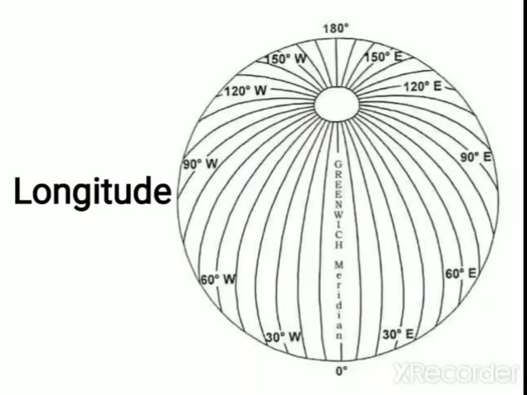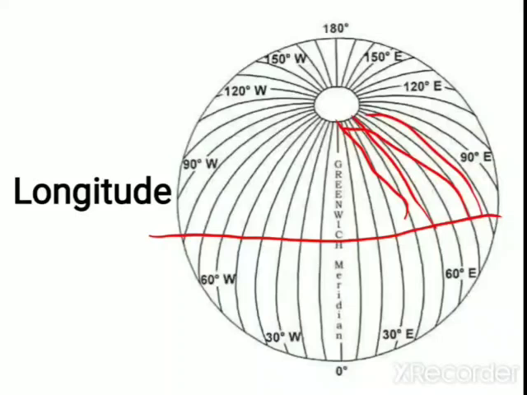Hence, the distance between the longitudes gradually decreases from the equator to the poles. So if you consider this is the equator, as it moves towards the poles, you can see the decreasing of the distance. As it moves towards the poles, at the poles all the longitudes intersect with each other.